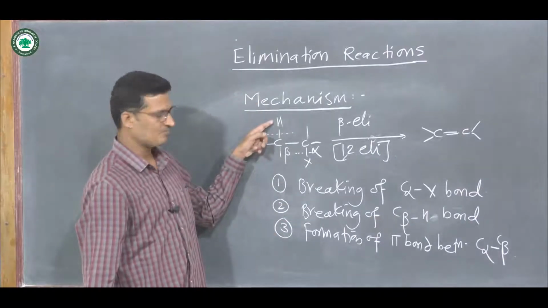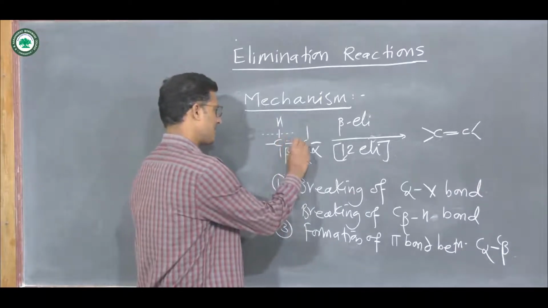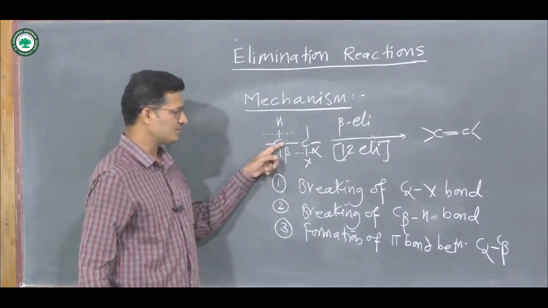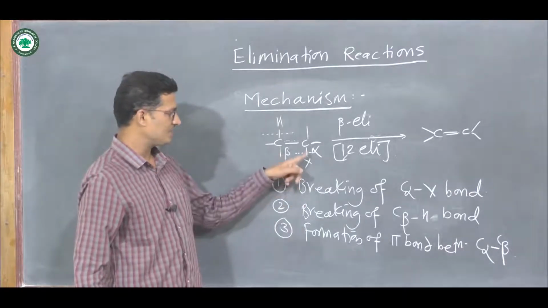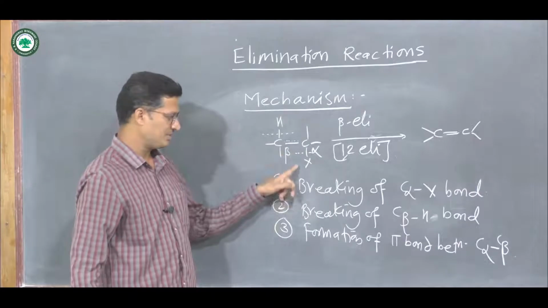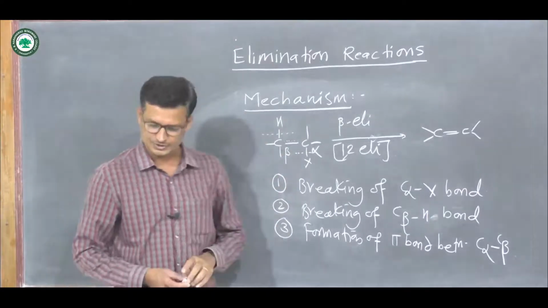The third thing is the pi bond formation between the alpha carbon and beta carbon. So these three things happen in an elimination reaction.